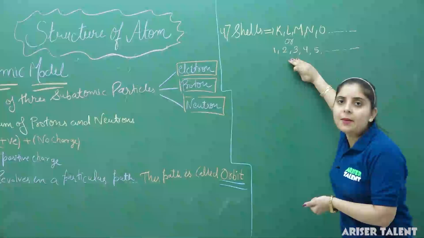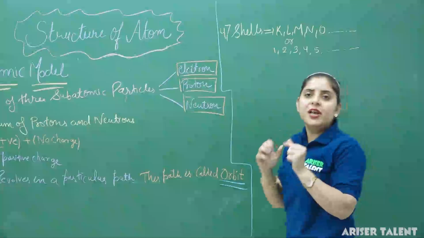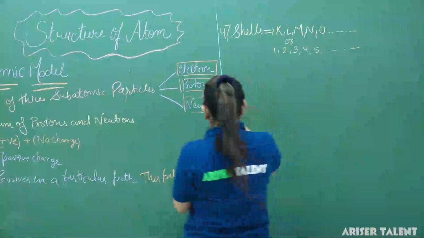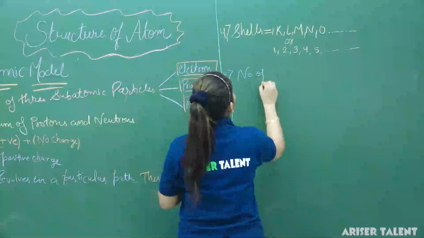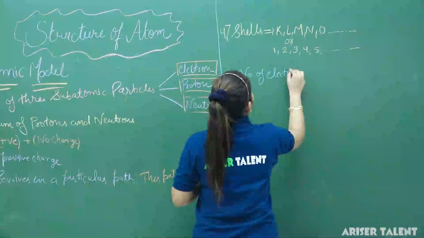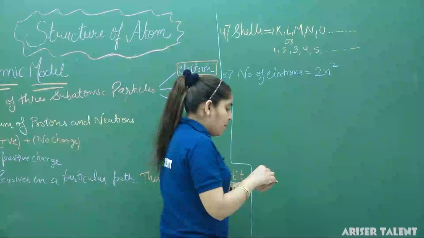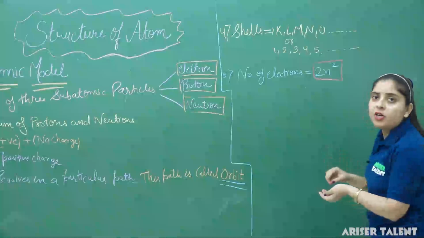A particular shell will consist of a fixed number of electrons, and the formula for calculating the number of electrons in a particular shell is 2n square.